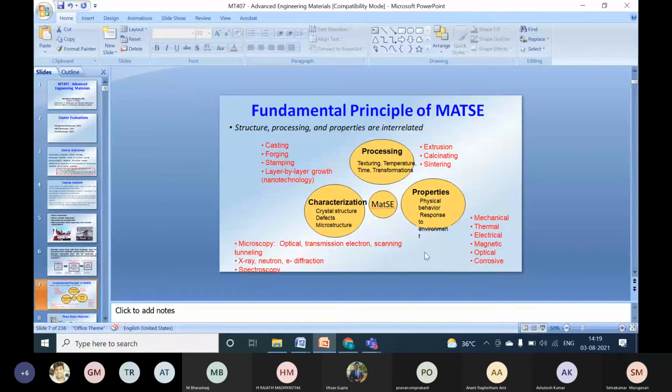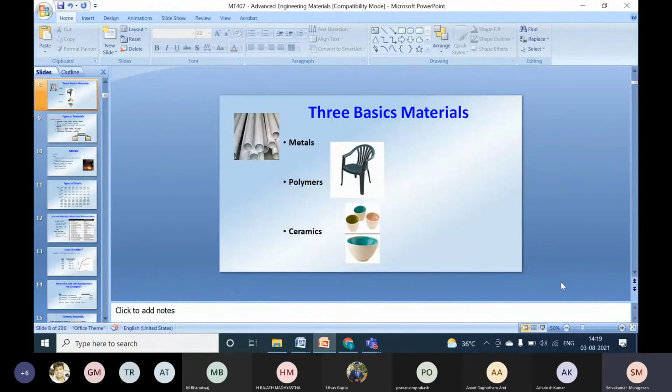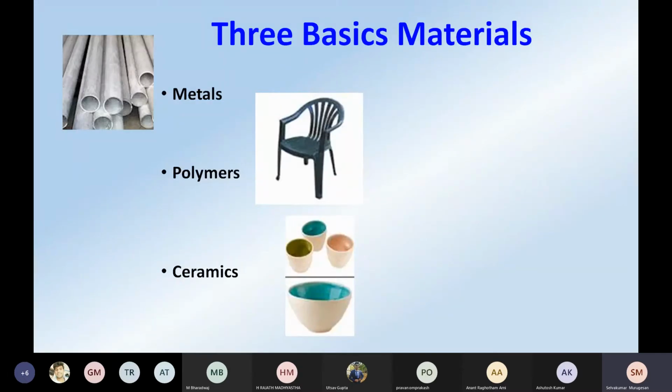Okay, all right. So if we see the basic materials we have so far, these are the three major materials: metals, polymers, and ceramics. And the three of them have different distinct characteristics.